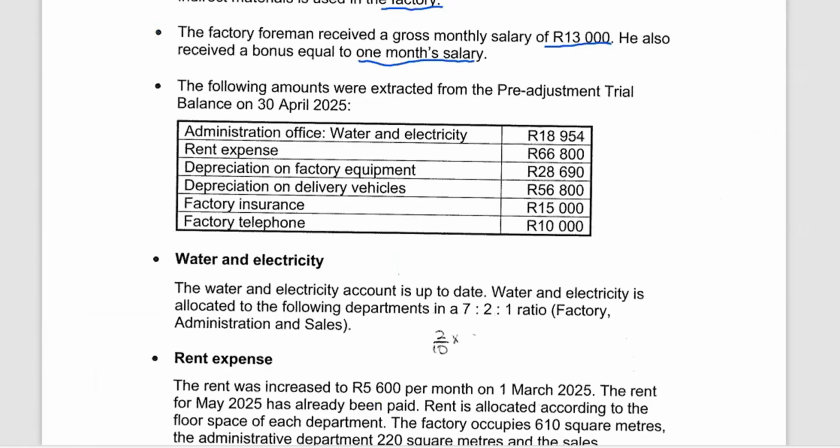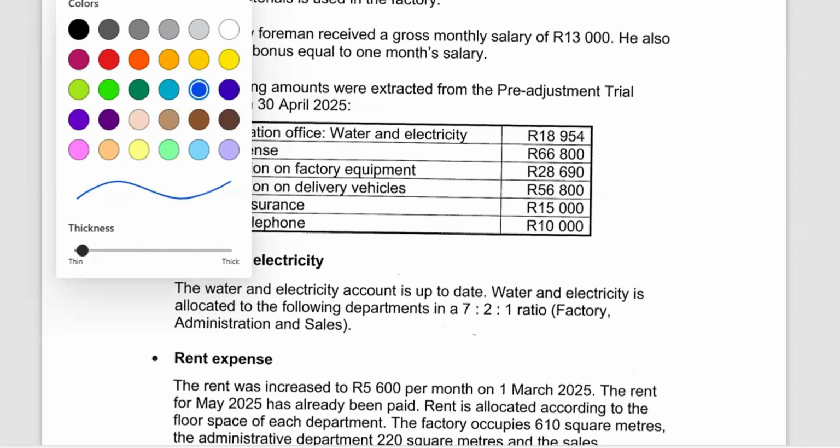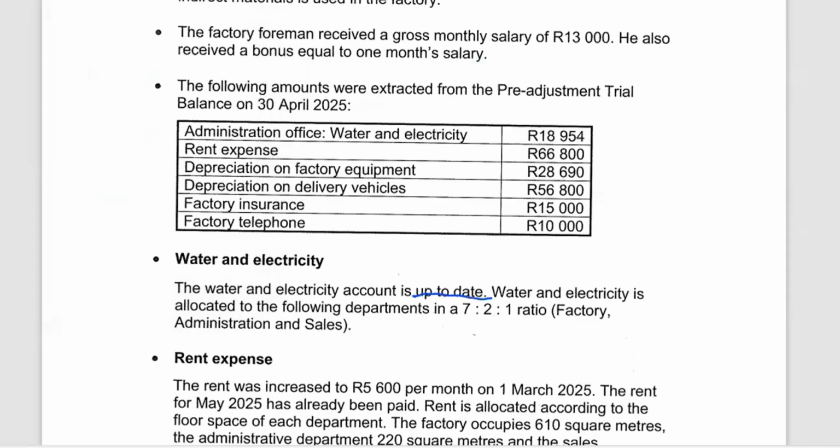The following amounts were extracted from the pre-adjustment trial balance on 30 April 2025. So water and electricity. The water and electricity account is up to date. Water and electricity is allocated to the department in a 7:2:1 ratio. So 7 for the factory, 2 for administration, and 1 for our sales department.